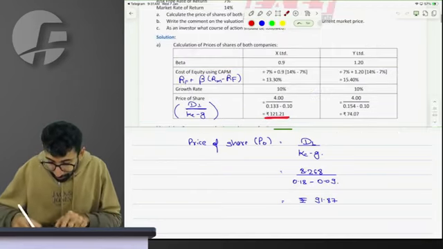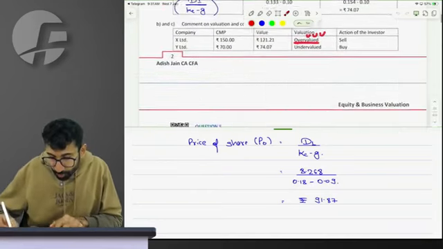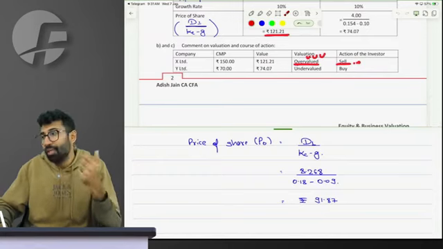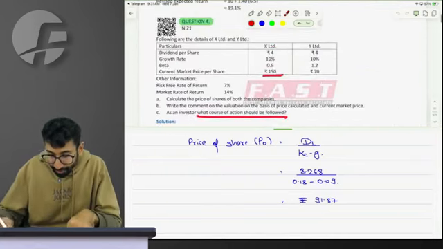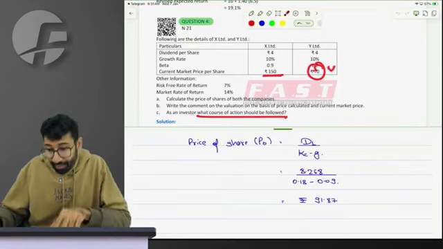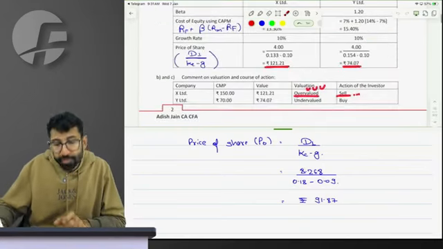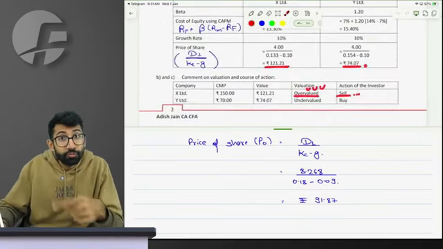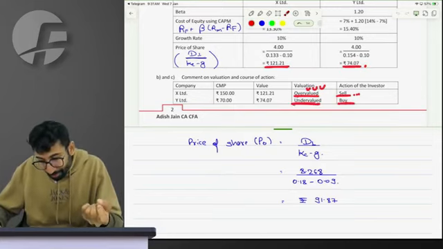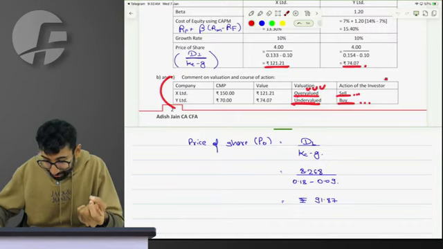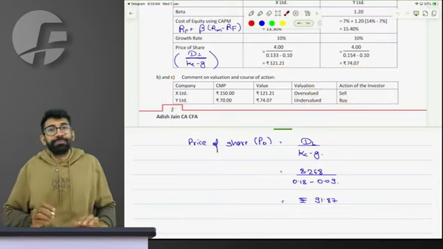In the third part of the question, they are asking what should be the course of action. For an overvalued share, we sell. Similarly, for the second security, the price in the market is 70, which is less than the intrinsic value of 74, which means the share in the market is undervalued and we should buy the share. Could you all please comfortably understand it?